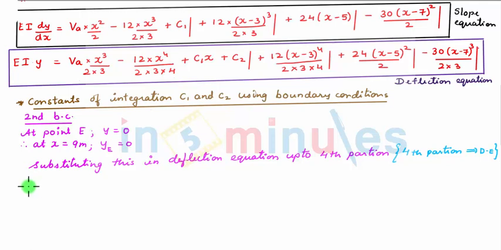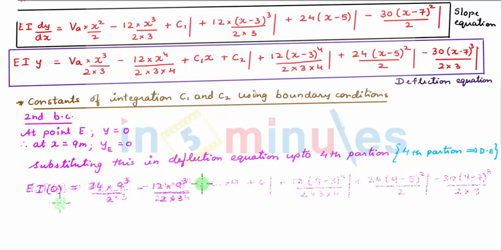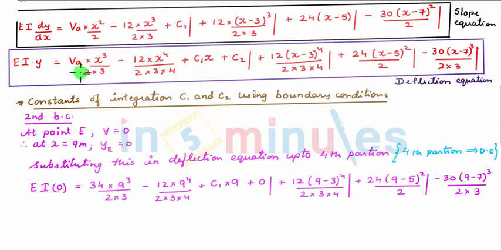So we have EI into YE equal to 0. VA, the value of VA is 34 kilonewton. So we have 34 into x is 9 meter cube by 2 into 3 minus 12 into 9 to the power 4 upon 2 by 3. So upon substitution we get this equation.